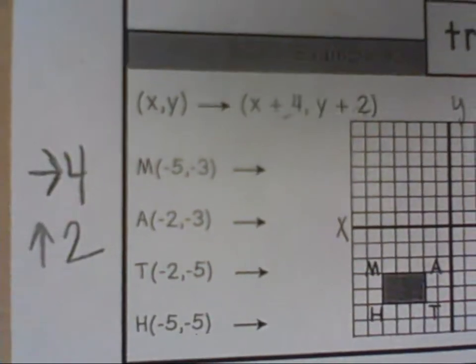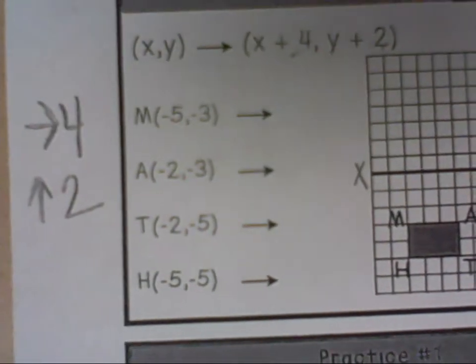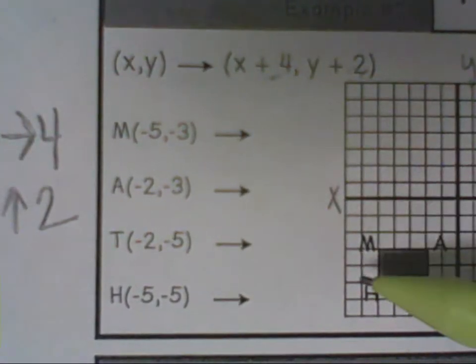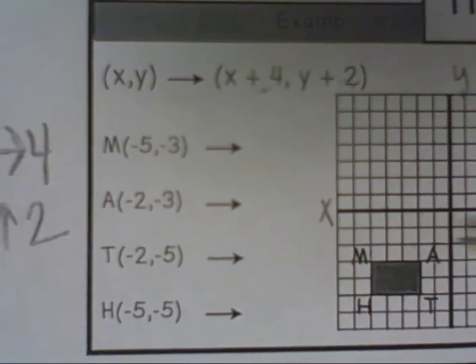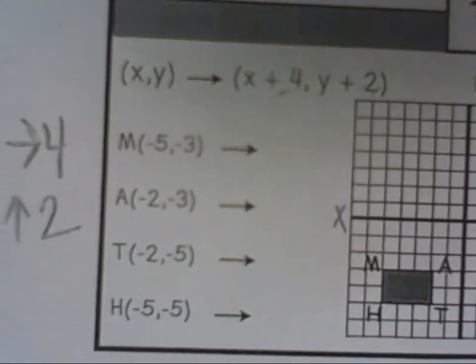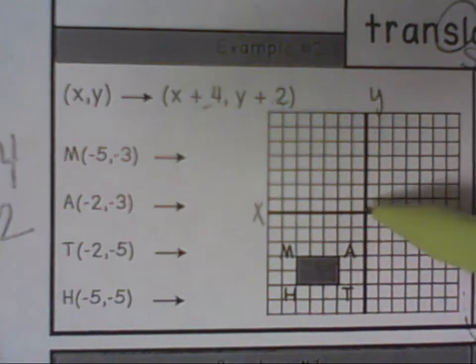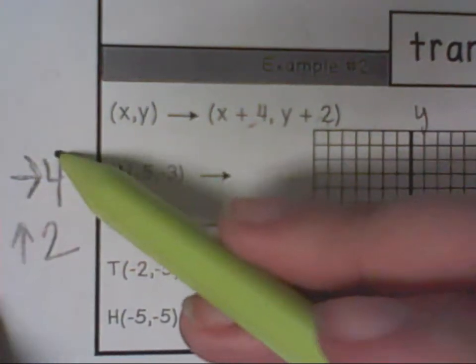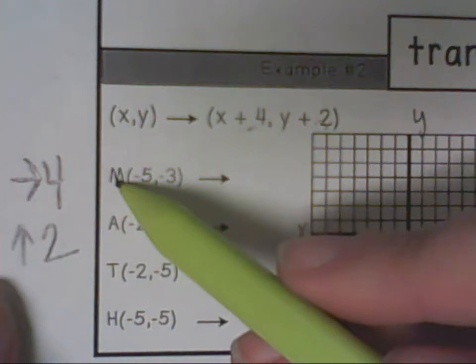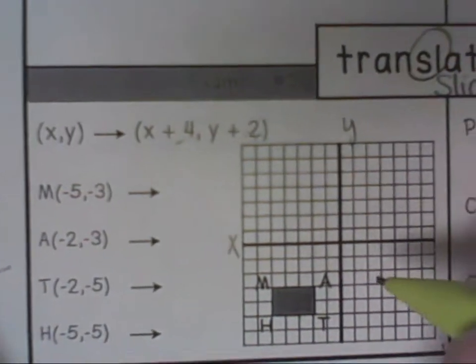So let's go ahead and do that with all of the points that are on our paper. So it says -5, -3. It's already plotted for us. If you need to write the numbers on your coordinate plane, you may, to help you. So I'm going to start with M, and I'm going to travel 4 units to the right and 2 units up, and I'm going to mark that point now, M prime, with the prime marking.